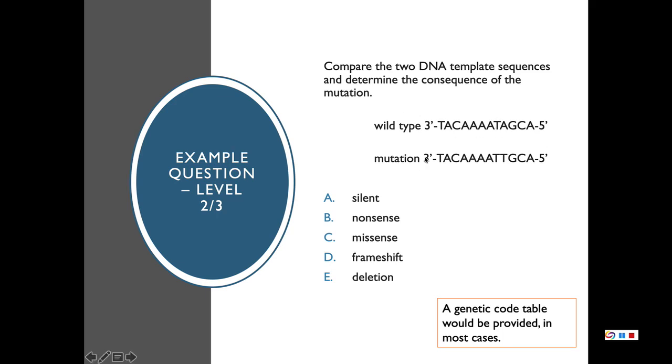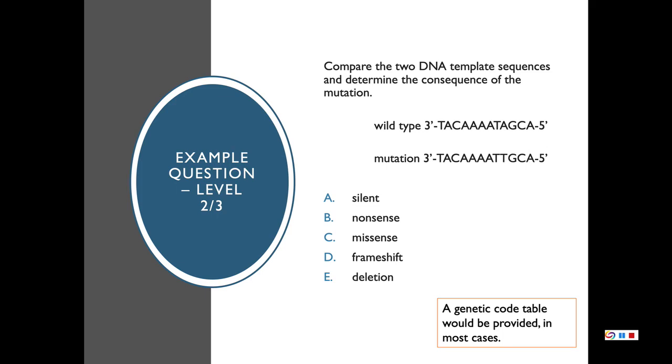If we do the same thing with our mutation, we're again going to have A, U, G, U, U, U, U, A, and then C, G, U.